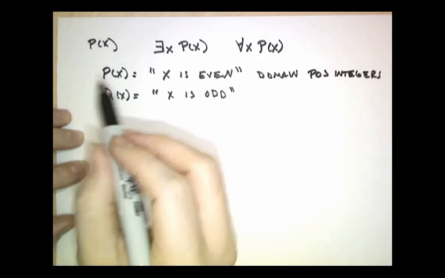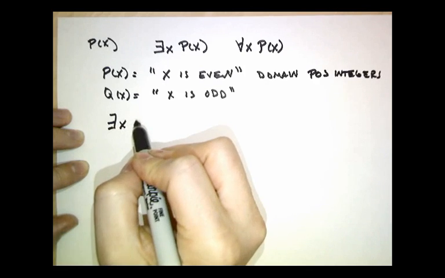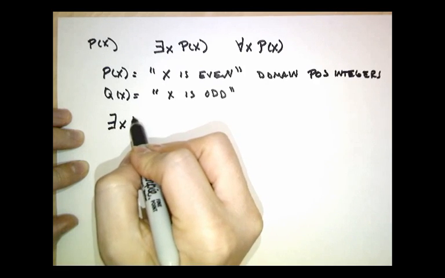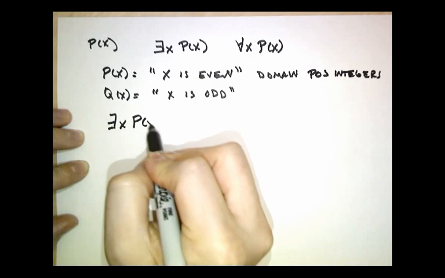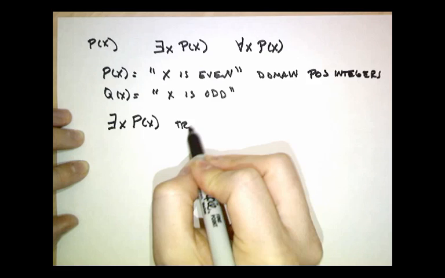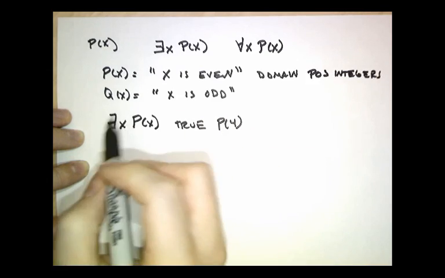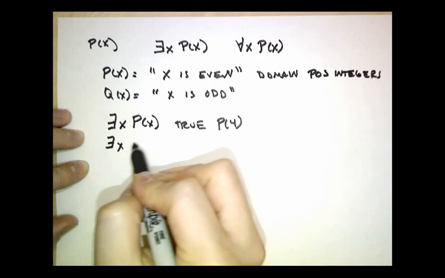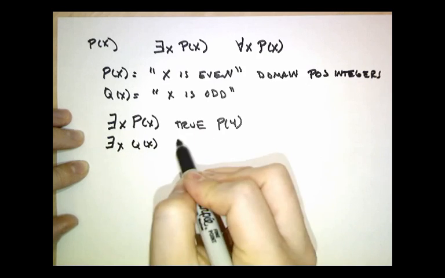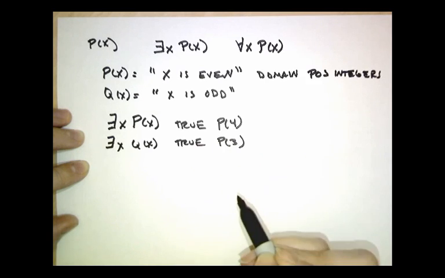Okay, so how about the following? There exists an x, p of x. Okay, this is true, right? For example, p of 4. How about there exists an x, q of x? This is also true, q of 3.